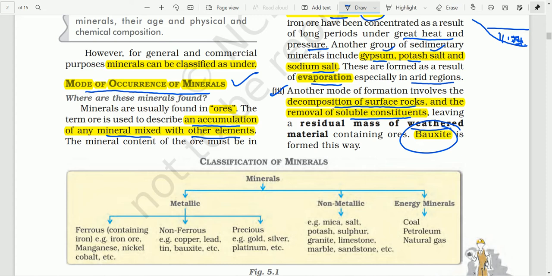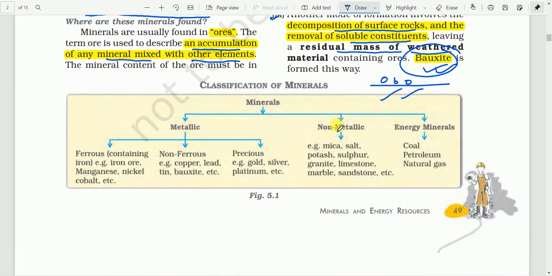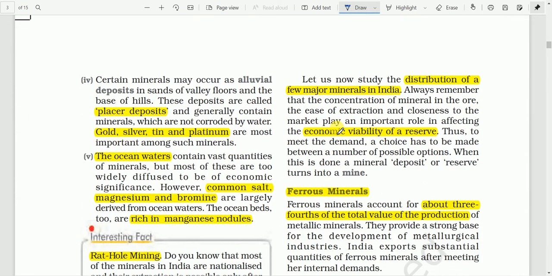And because of that chemical decomposition of the removable materials, it will leave the residual mass, the remaining mass of withered material containing ores, lying on the surface, and in this way bauxite is obtained. So this is the third mode of occurrence.